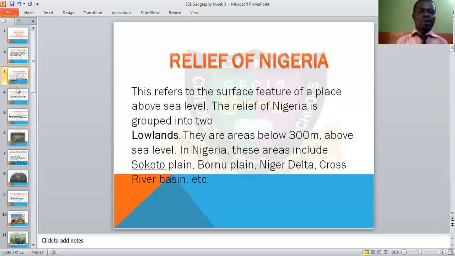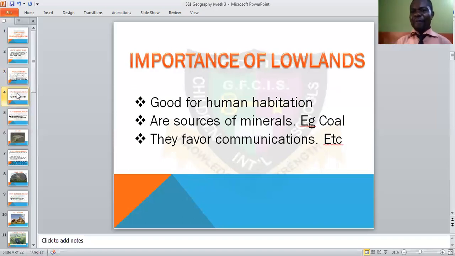Then we need also to look at where they are preferable to us. What is the importance? What do we make use of these lowlands for? Why do we prefer them? Why are they good to us? One, for human habitation. You can easily build a house there. You don't need to till too much or do too much other work.